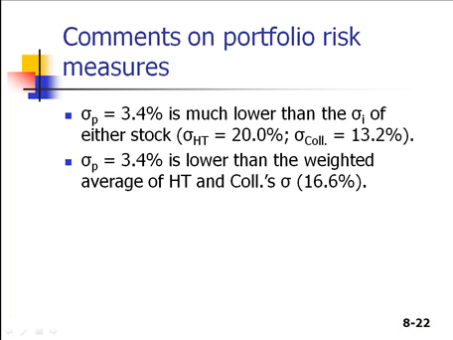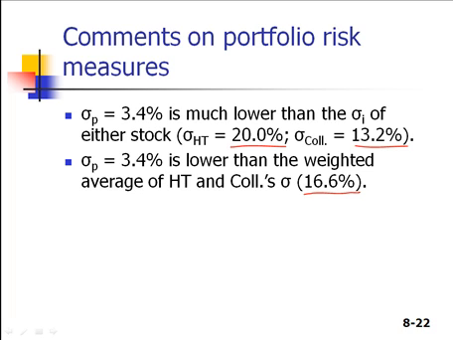Remember when I said that when I was taking my first finance class, I kind of thought that maybe the standard deviation would just be found by, in this case, taking 0.5 times this one and then 0.5 times this one? Well, that weighted average would be 16.6%. And in this case, we clearly see that the standard deviation of the portfolio is far less than 16.6%.